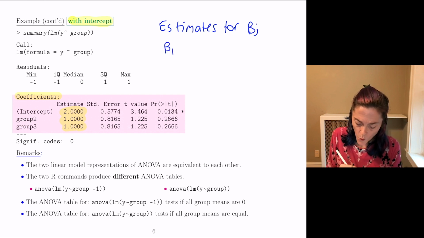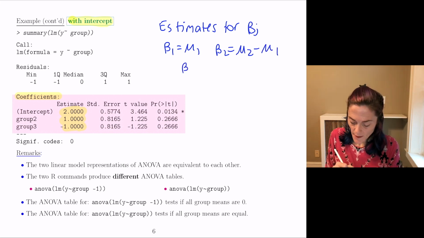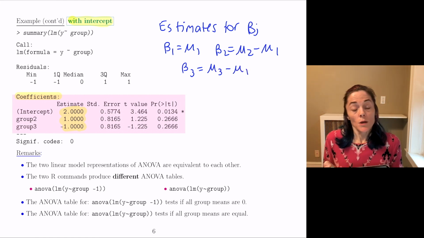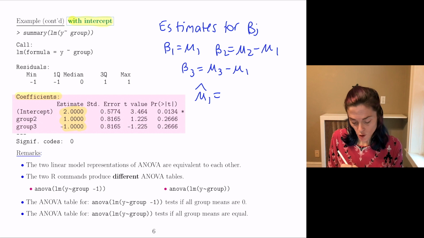However, beta 1 we know is mu1. Beta 2 is mu2 minus mu1. Beta 3 is mu3 minus mu1. So if we wanted an estimate for mu1, we just look here, 2.